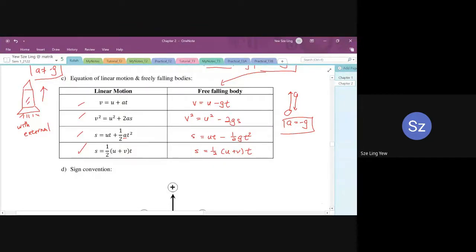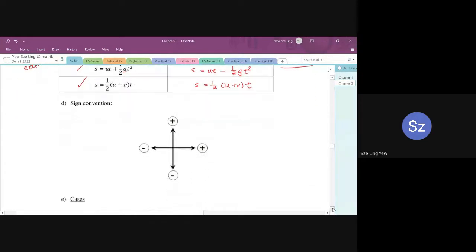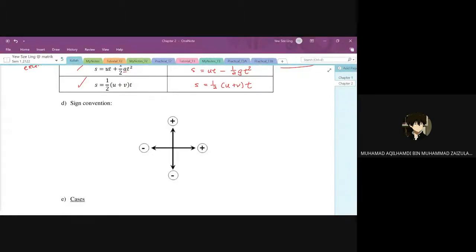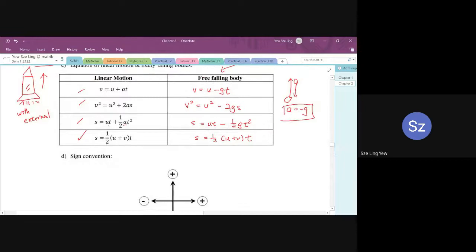So next one, the sign conventions. So this is the sign conventions. Madam, what happens if we write s equals ut minus 1 over 2 at squared? Oh, if you write it as s equals ut minus 1 over 2 at squared, if you sub the value correctly, then that is still acceptable.